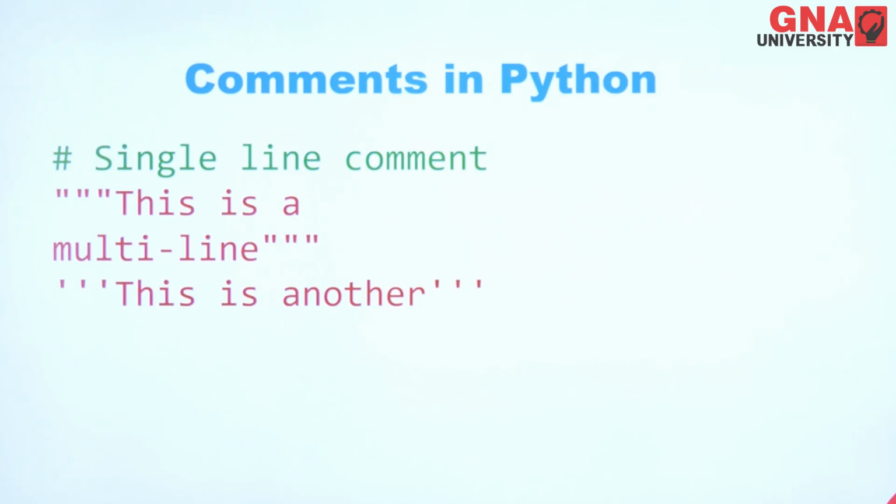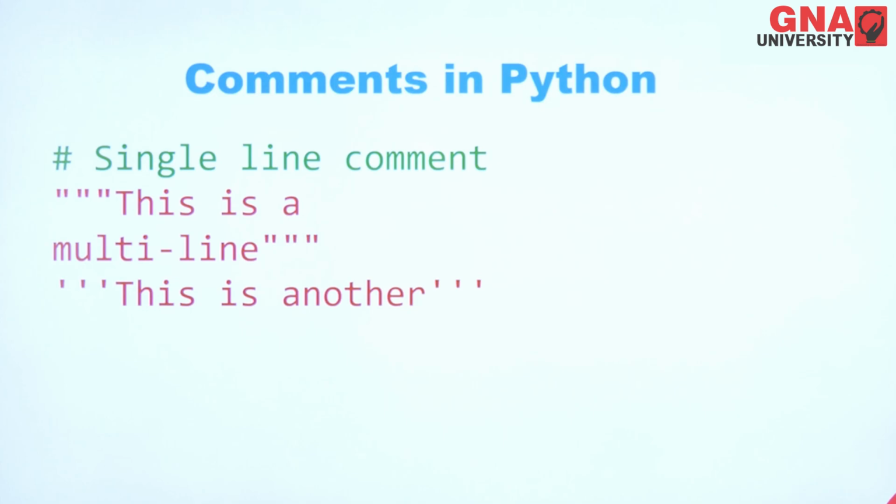Single line comments, and multiple line comments with double quotes as well as with triple single quotes. In Python, comments are annotations within the code that are ignored by the interpreter during the execution of the program. These are used to add explanation, documentation or temporary notes to the code.